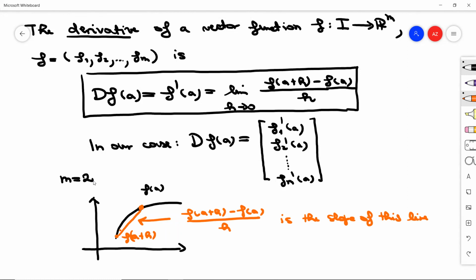In fact, we interpret this for every coordinate function, we do this on every coordinate of our derivative. So this is the slope.